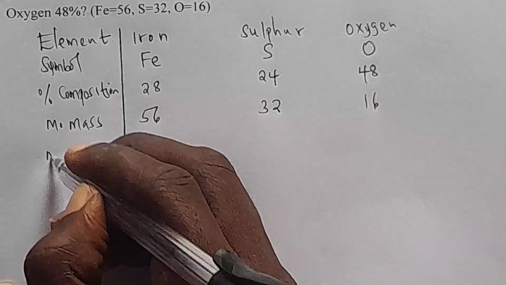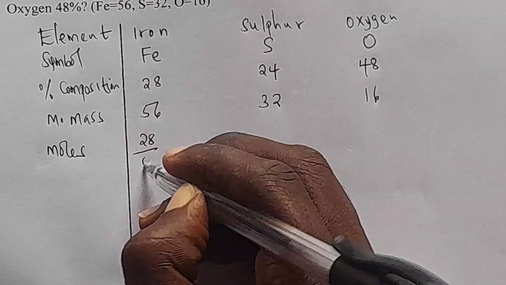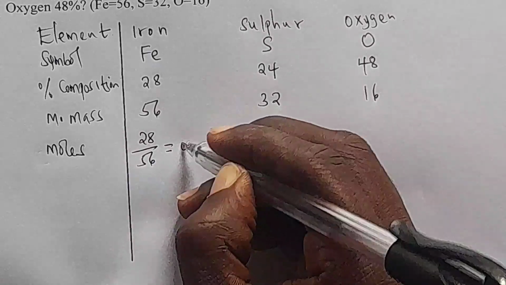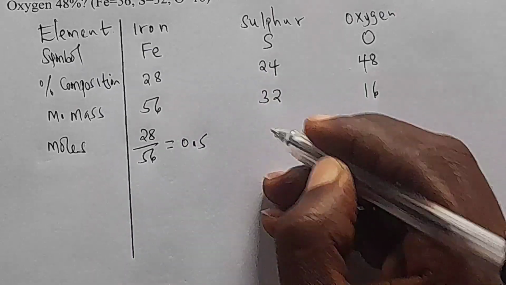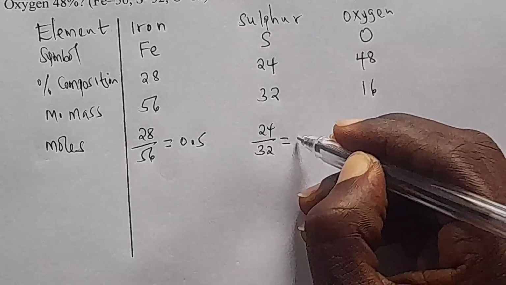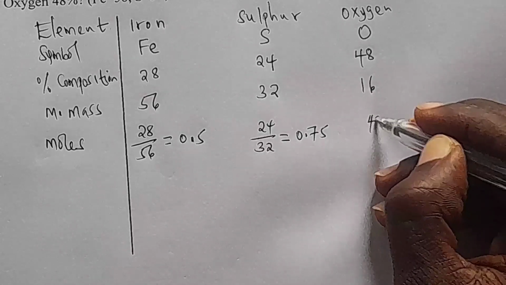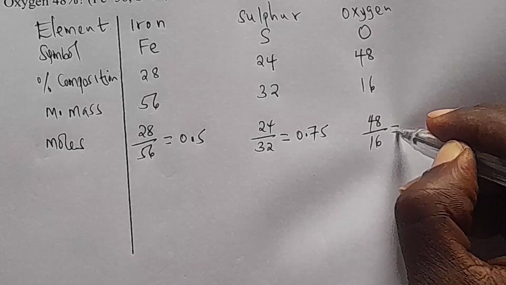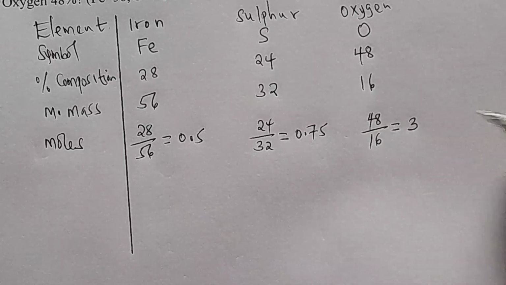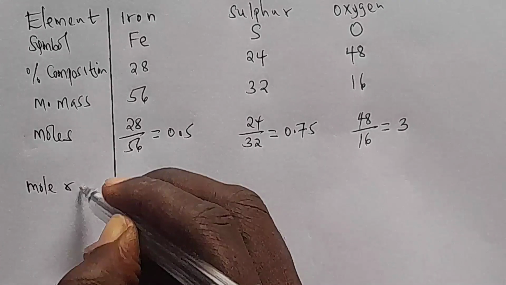Okay, next I'm supposed to get the moles. How will I get moles? 28 over 56, that's 0.5 moles. Then the other one will be 24 divided by 32, and here I'm going to get 0.75. Then for oxygen it will be 48 divided by 16, which is 3. After the moles I'm supposed to get the mole ratio.